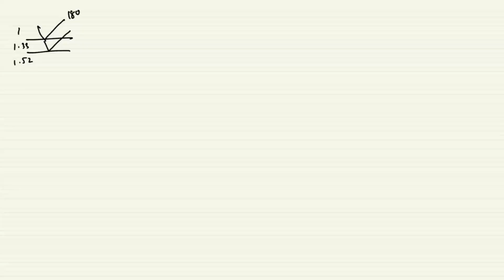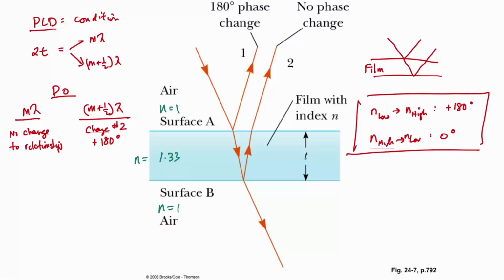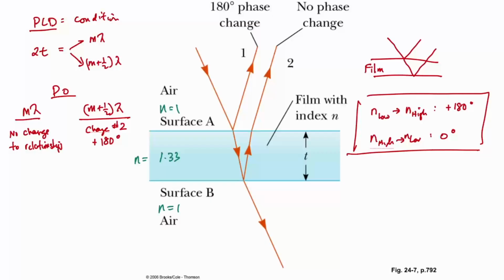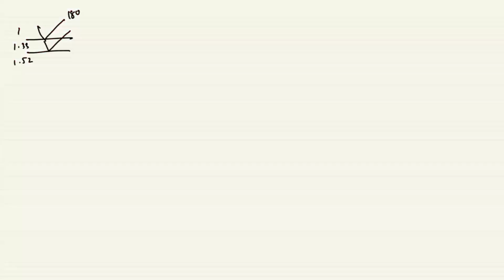If there were no change, it would be 0. Okay, on the second bounce, 1.33 to 1.52 right here. So what's going to happen? That's a low to high, isn't it? We're going from 1.33 to 1.52. That's a lower to a higher. So what is it going to be? 180. All right.